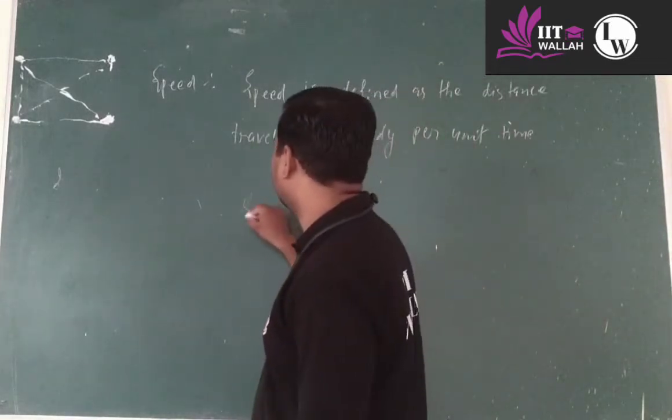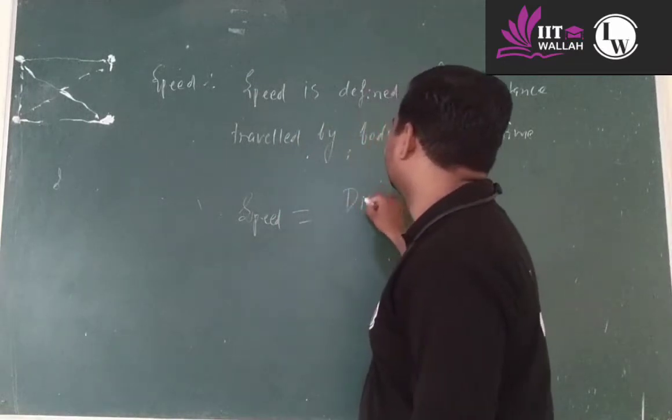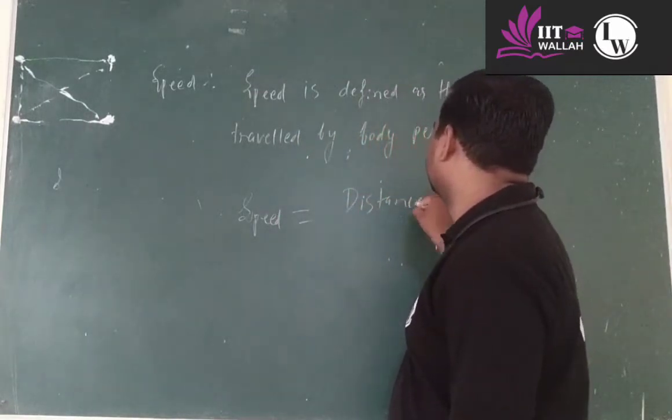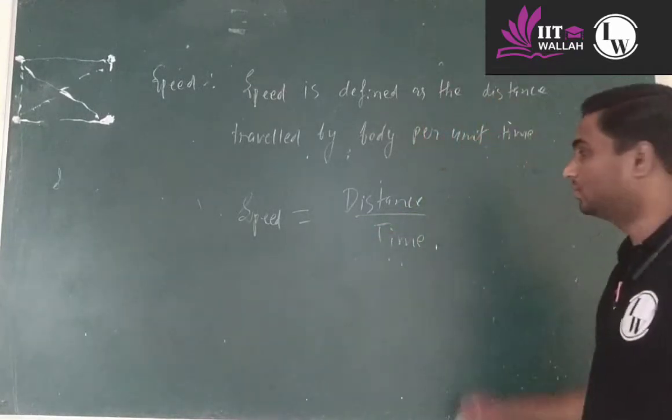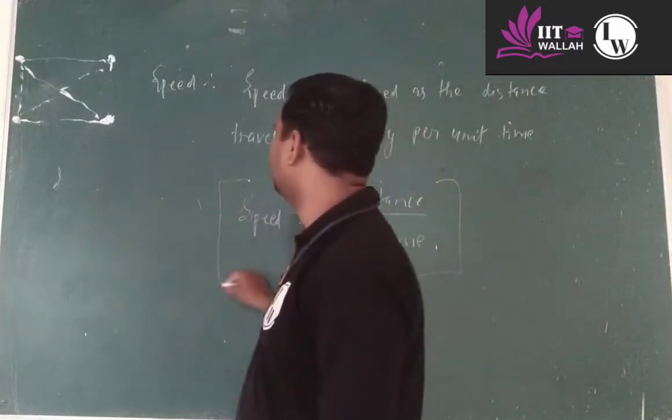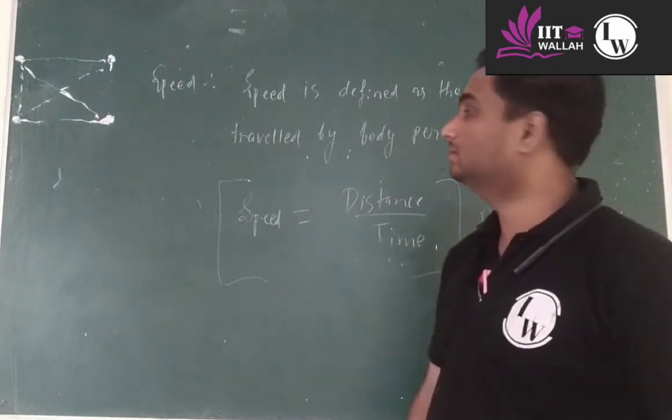So according to the definition, speed is equal to distance upon time. You have to memorize this.